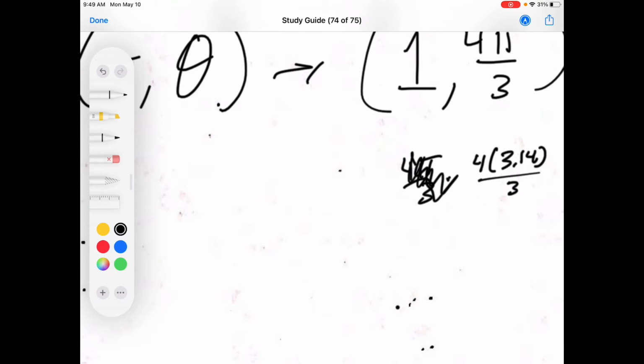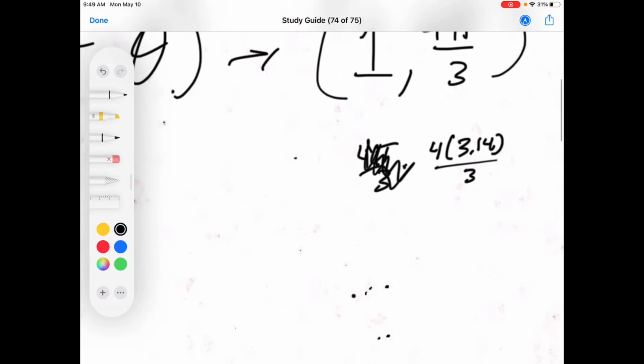And do that in your calculator and see what you get. Four times 3.14 divided by 3. That is 4.19. So your answer could have been 1, 4.19. That would also be fine.